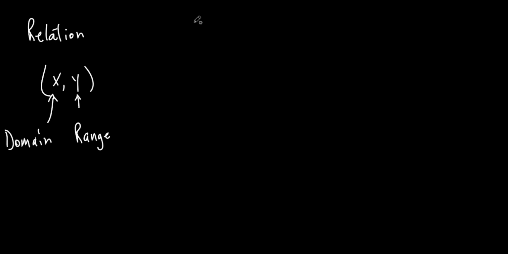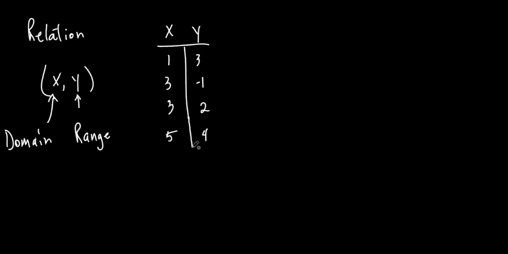So, do you remember when you first started learning how to graph stuff? You made this little table. Remember that? Yeah. So, watch. (1, 3), (3, -1), (3, 2), and (5, 4).